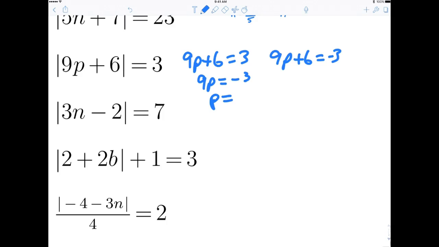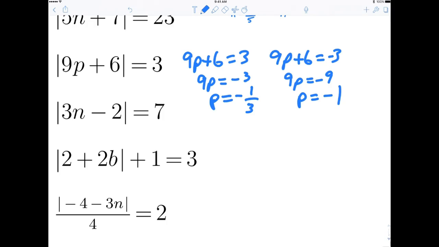So it's 3/9, which reduces to what? All right, refresh your memory now. And on the other one, 9p equals -9, so p equals -1. Right?